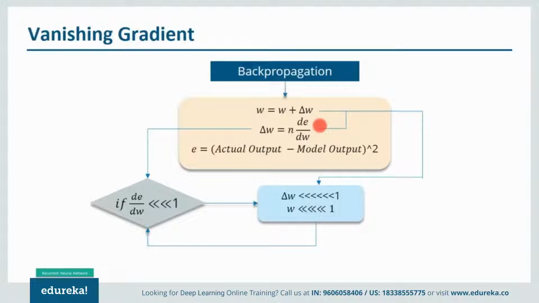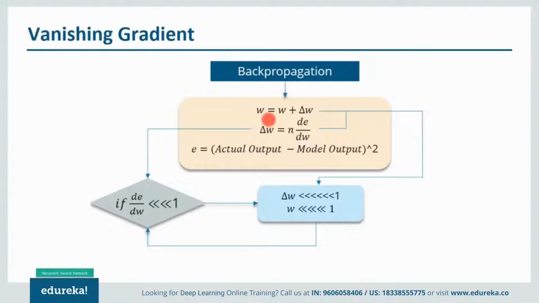So change of error with respect to weight multiplied by learning rate will give you the change in weight. Then you need to add that change in weight to the old weight to get the new weight. Obviously, what we are trying to do is reduce the error. So for that we need to figure out what will be the change in error if my variables are changed, right? That way we can get the change in the variable and add it to our old variable to get the new variable.